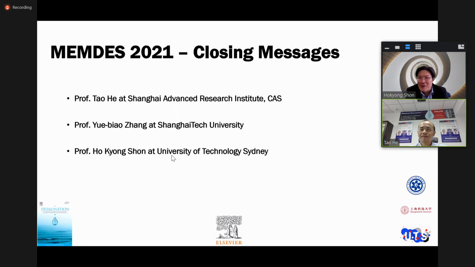Also volunteers. Professor Wang, the Vice President of the Shanghai Advanced Research Institute, and his students. A lot of email communication and WeChat updates, and I really appreciate his students and his secretary who contributed a lot to this conference. So I appreciate the volunteers and Tao's staff.